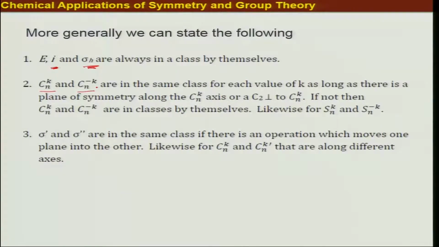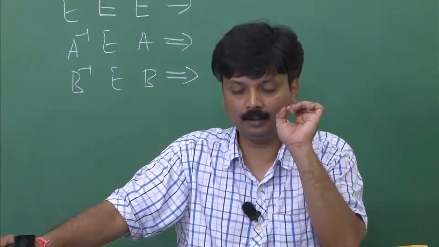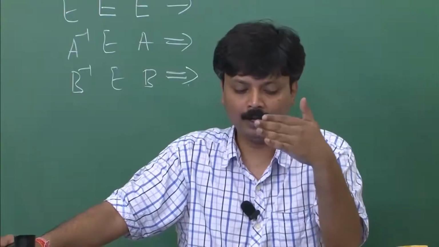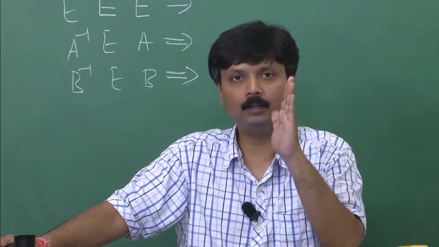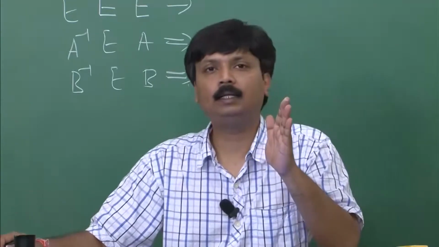And similarly, sigma prime and sigma double prime are in the same class if there is an operation which moves one plane into the other. Here is probably something that you already know. We mentioned the equivalent symmetry operations, right? See, here is exactly what gives you that sigma prime is a particular sigma plane, say sigma v. Let's take an example, ammonia.